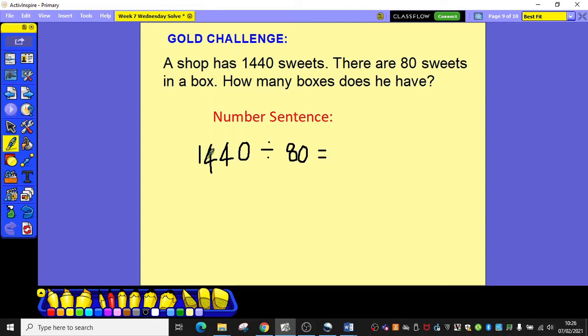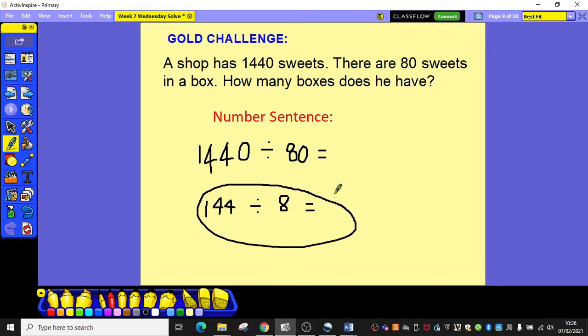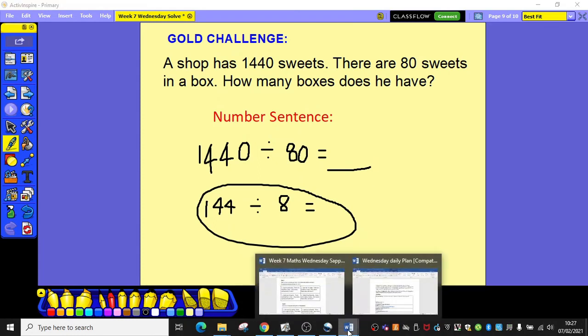What we said yesterday is if we make each side 10 times smaller, so this would become 144, this would become 8 instead of 80, I would actually get the same answer. Okay, the difference between 1,440 and 80 is the same difference as 144 divided by 8. So I can now solve this problem to give me my answer here. So I'd like you now to start your problems, please.